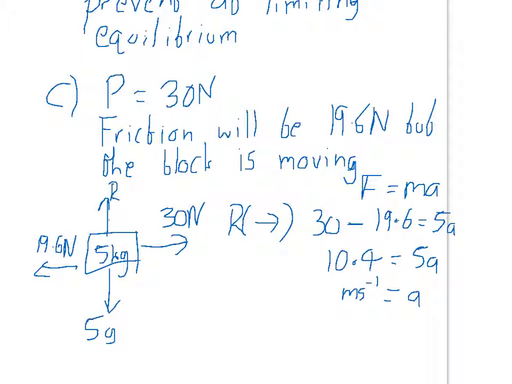So A is equal to 2.1 meters per second to the minus 2.